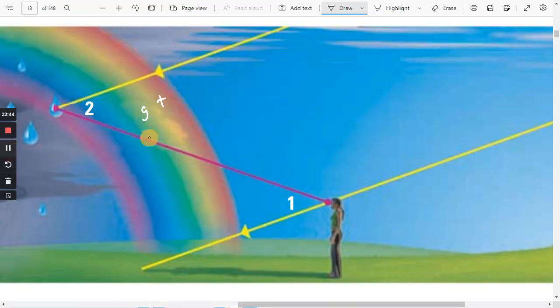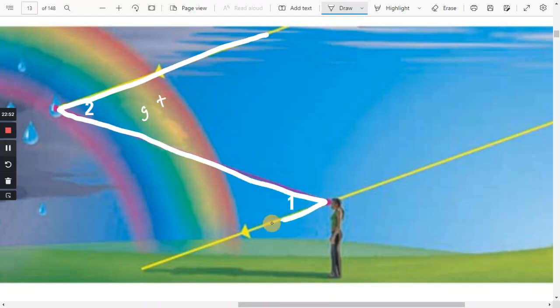One thing I also want you to notice is with the parallel lines and the transversal, they actually make a Z shape. And the angles inside the Z are going to be congruent. So I'm going to add that to the notes real quick.